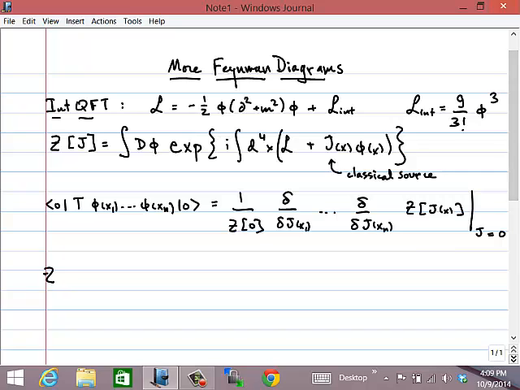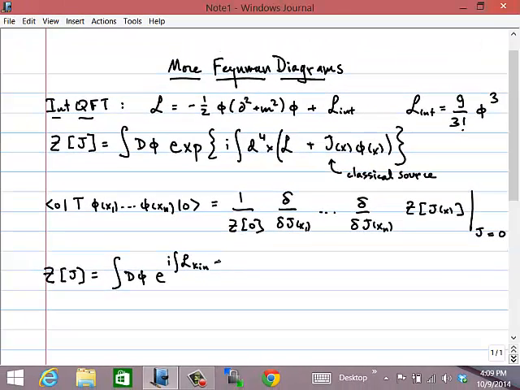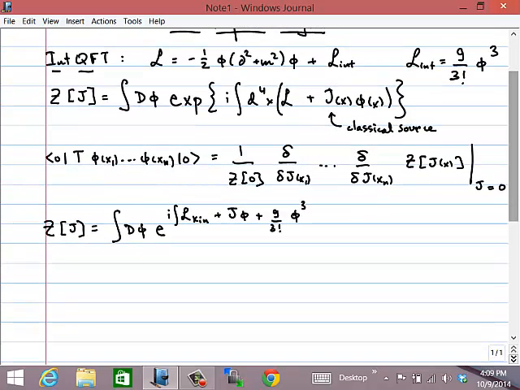So you write z of j. Well, what is that? That's the integral d phi of e to the i integral of, say, this kinetic term, plus the source term, j phi, plus the interaction term, which was g over 6 times phi cubed. Well, we already know how to do the integral of this free theory.